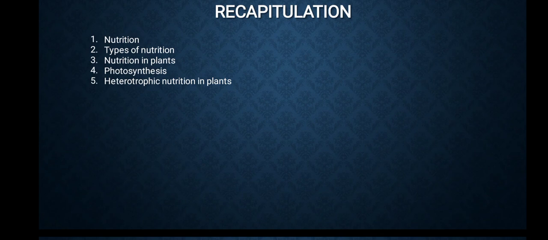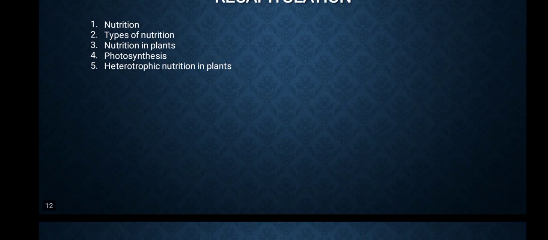Green plants have the ability to prepare their food, and the energy for preparing food is obtained from sunlight. The process of synthesizing food by plants is called photosynthesis. You have to remember some important points: leaves are called the food factory.